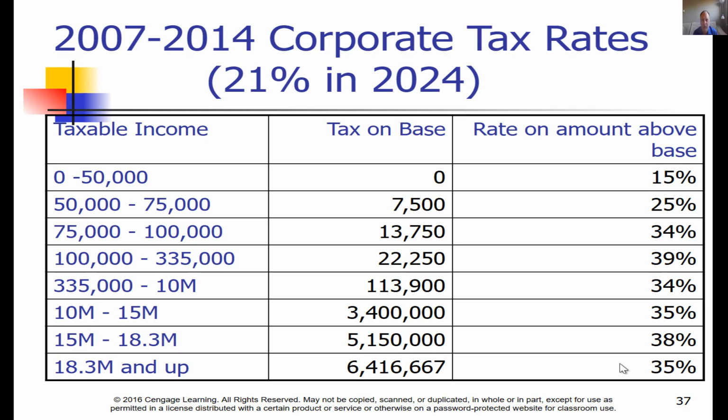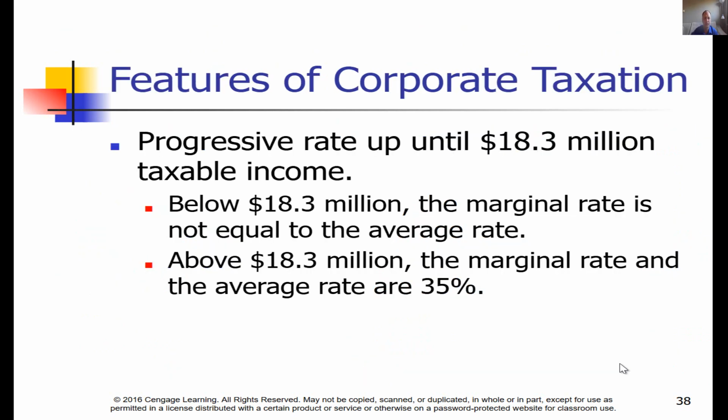So this was simplified by the Trump tax code, and this is permanent. This would have to be changed by an act of Congress. It does not expire like many of the personal tax cuts that happened under the Trump administration. So this previously bizarre corporate taxation had progressive rates below $18.3 million. The marginal rate is not equal to the average rate, but above the $18.3 million, the marginal rate and the average rate were set at 35%.